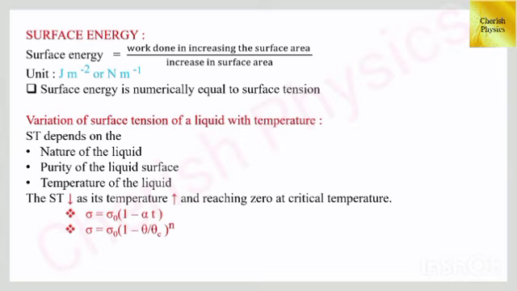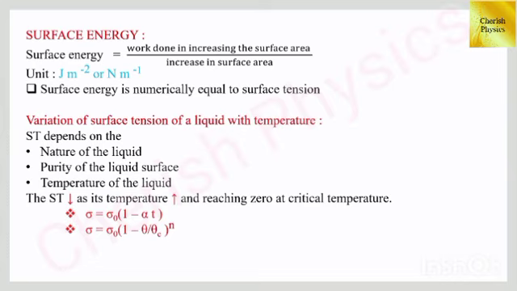The surface tension related to temperature formula is given here. First one, sigma equals sigma naught into 1 minus alpha T. Here sigma is the surface tension and sigma naught is the surface tension at a reference temperature, often taken as 0 degree Celsius, alpha is the positive temperature coefficient of the liquid and T denotes temperature.